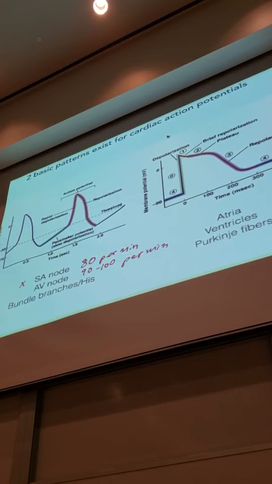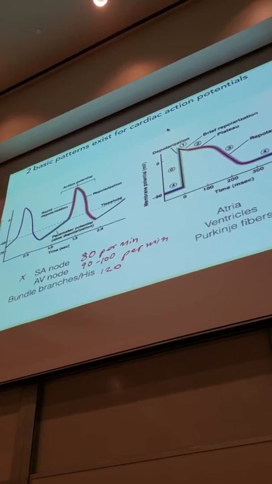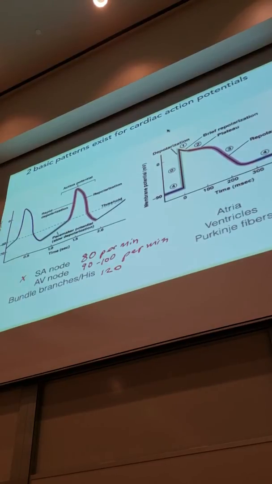Bundle branches, much slower still. So what this means is that if all of these cells at time 0 begin to produce this pacemaker potential, who's going to get up to that little dotted line threshold faster? SA node.